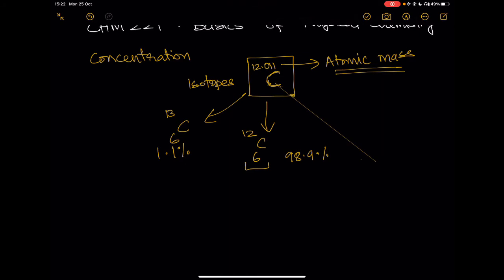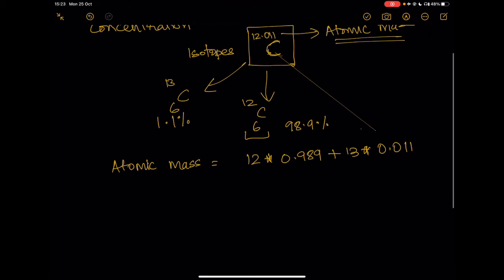So if you sit calmly and calculate the atomic mass for carbon, you're going to have something like 12 times 0.989 plus 13 times 0.011. So basically these are the percentages converted into the fraction of population that is present.